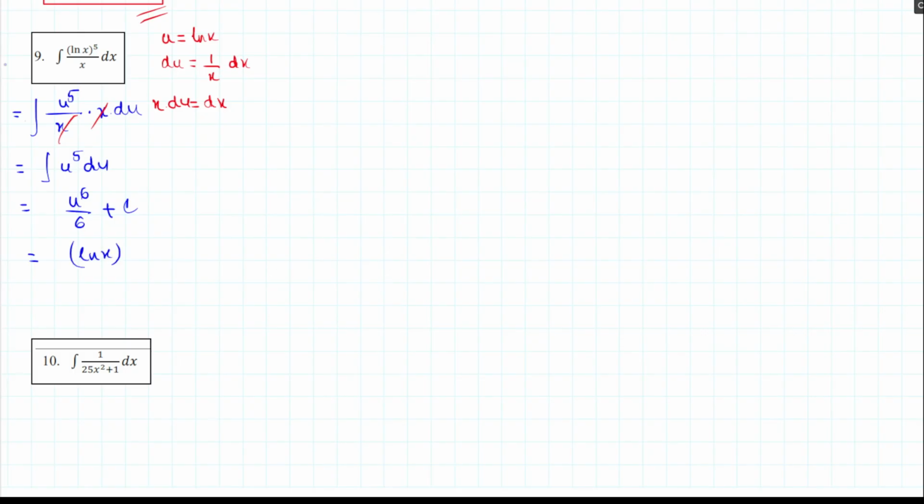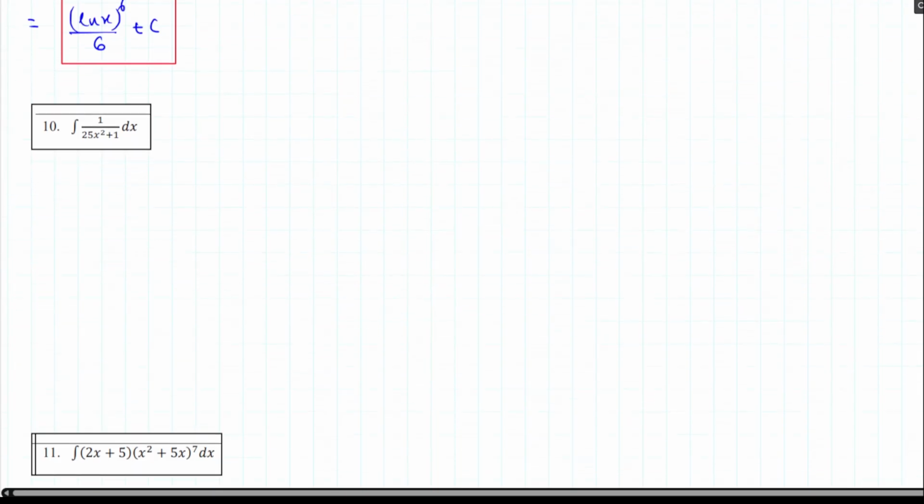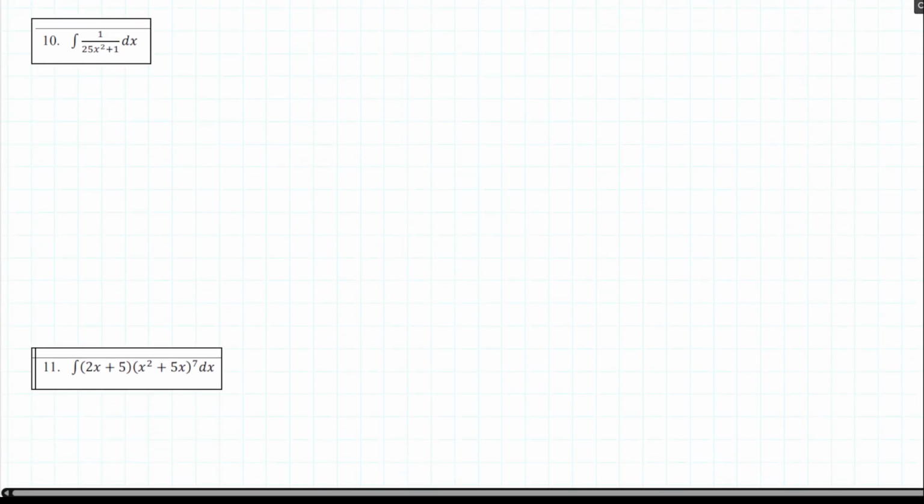So (ln x) to the power 6 over 6 plus c. So this is the integral. Now let's move to the next problem.